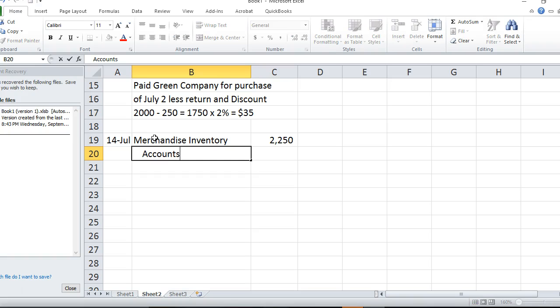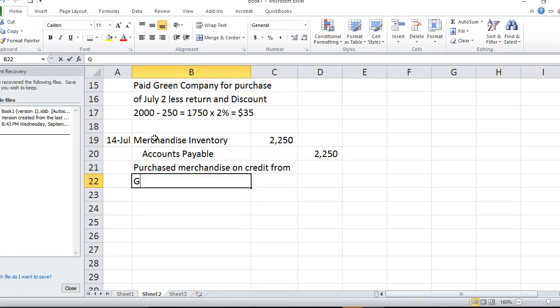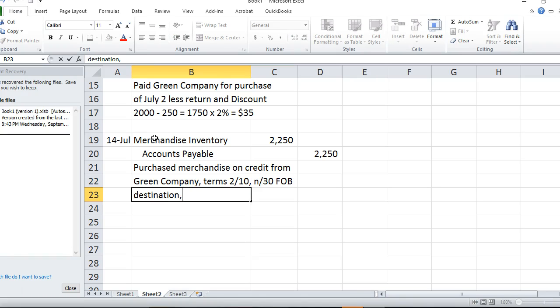We'll credit our accounts payable of $2,250, and we just say purchased merchandise on credit from Green Company, terms 2/10, net 30, FOB destination, invoice dated July 12th.